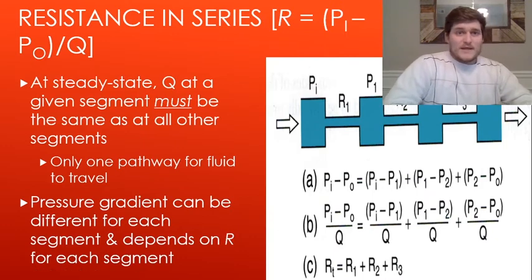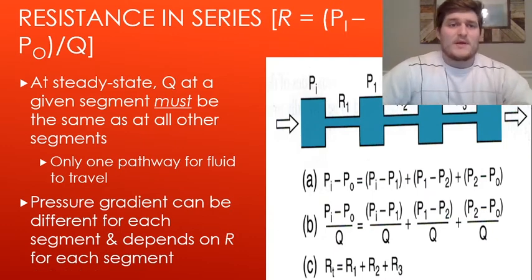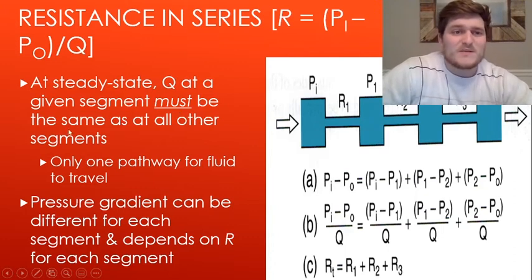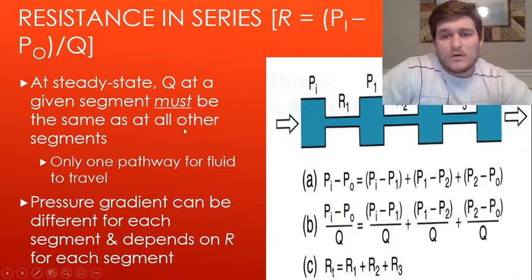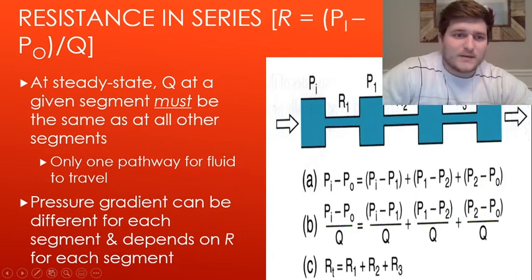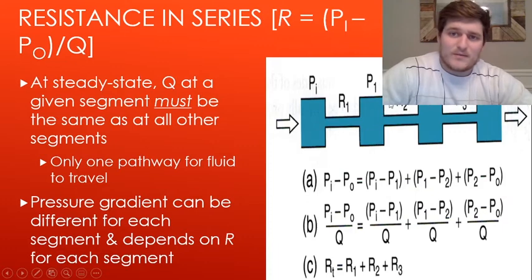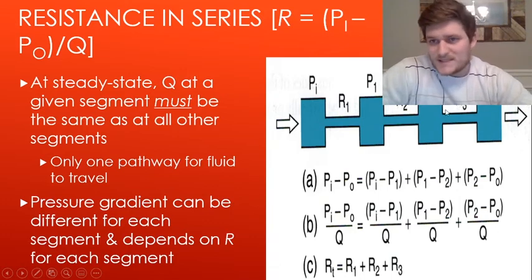And so in a series setup, at steady state, flow at a given segment must be the same at all other segments. So what you're going to see is blood flow is basically going to be determined by, again, the starting pressure and the ending pressure. However, there are differences in pressure gradients due to the individual resistances.